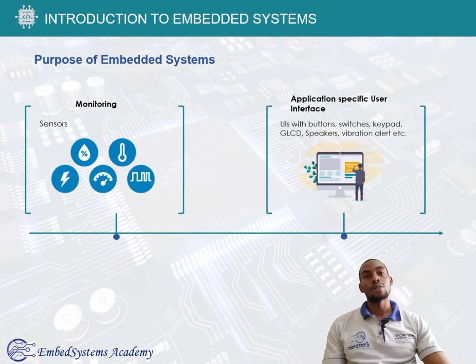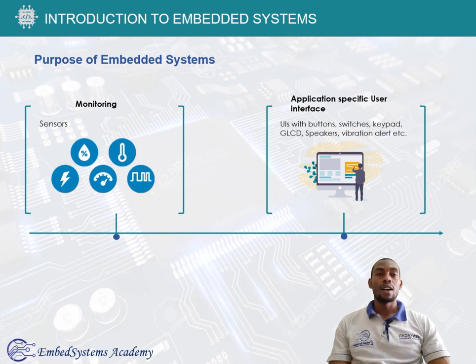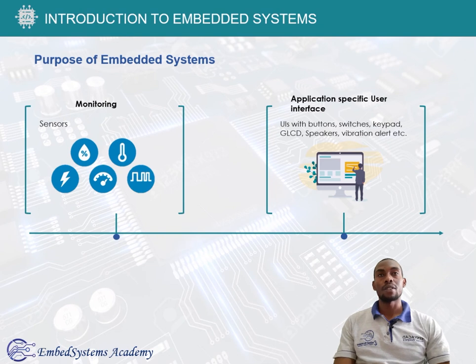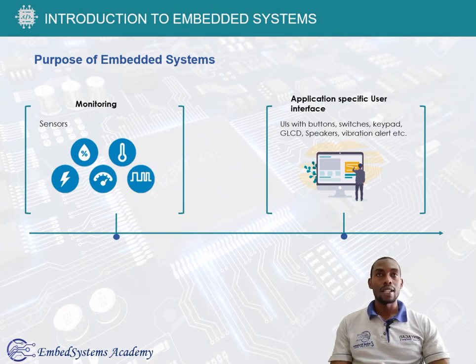Of course, they are used in monitoring. We are actually living in a world of sensors. We have the monitoring of every parameter in the environment, be it temperature, humidity, sunlight. All these things can be monitored using embedded systems, and this is one of the works of embedded systems.